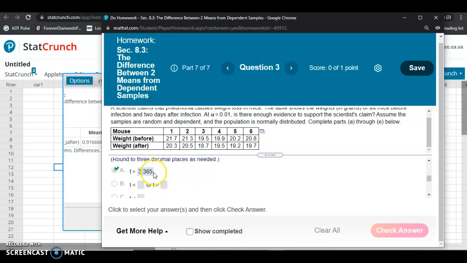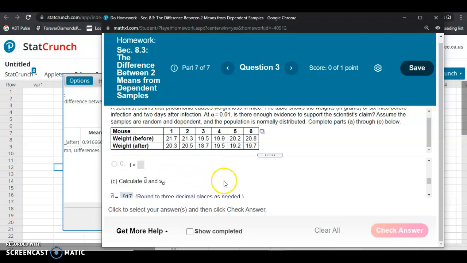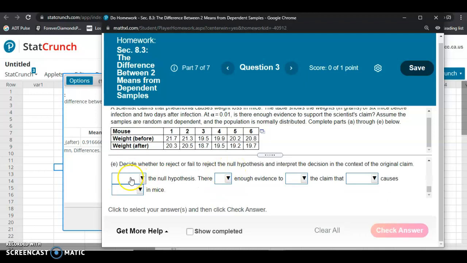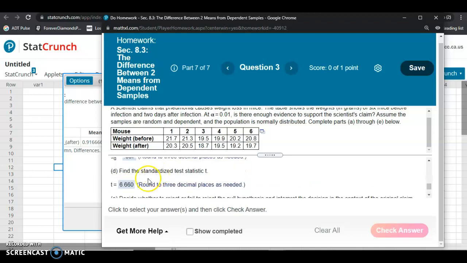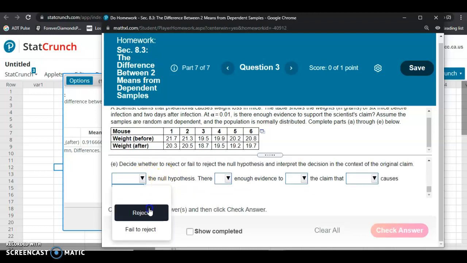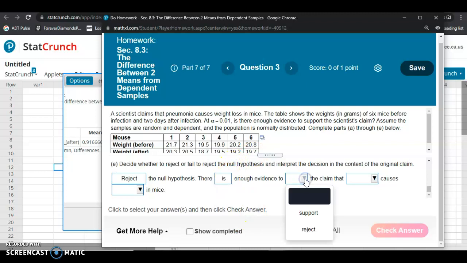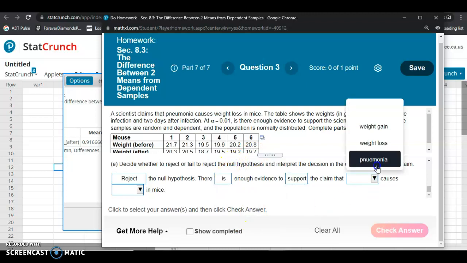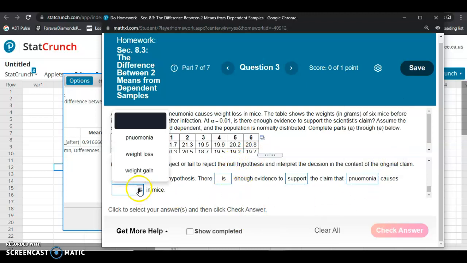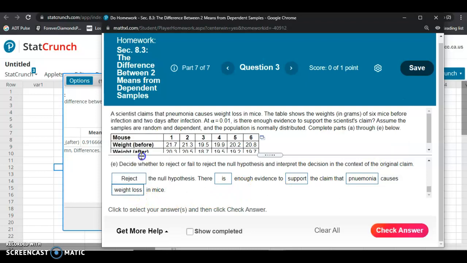If it's less than the critical value, it's not in the rejection region, and you would fail to reject the null hypothesis. In this case, our test statistic is in the rejection region, so we would reject the null hypothesis. Then there would be enough evidence to support the claim that pneumonia causes weight loss in mice.